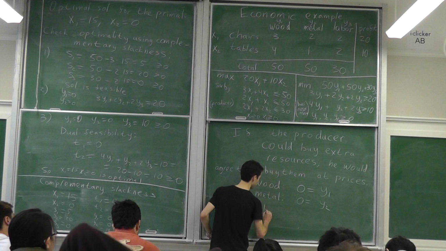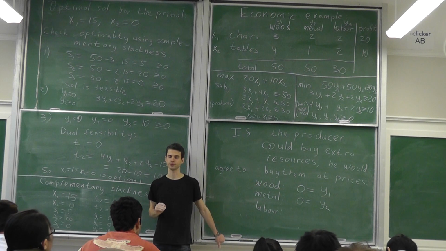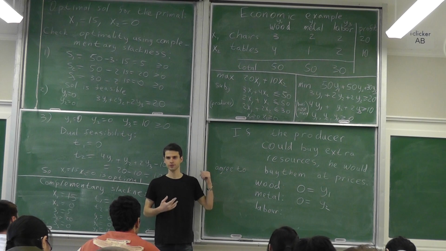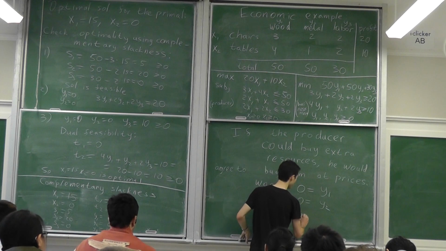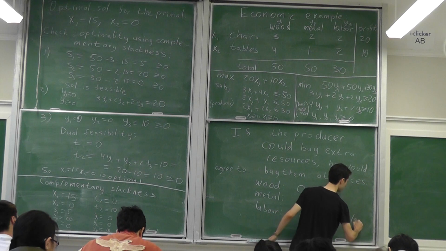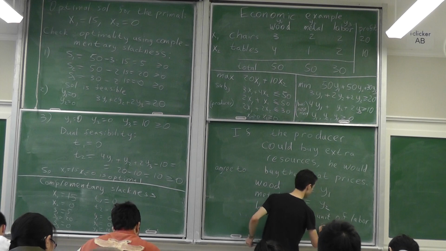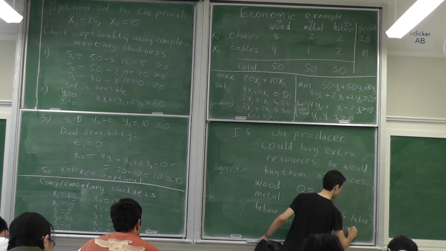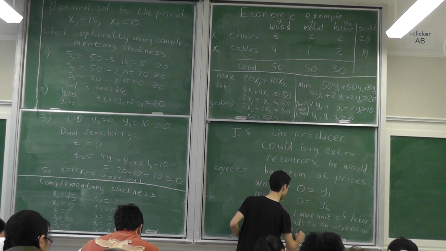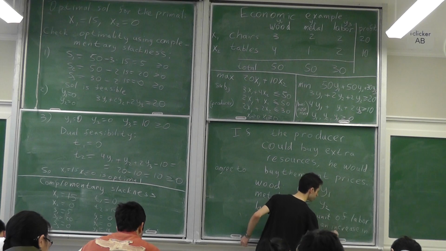But labor, the story is quite different. You could use 1 more hour of labor. In fact, 1 more unit of labor leads to an increase in profit of 1 times 10, which is 10.